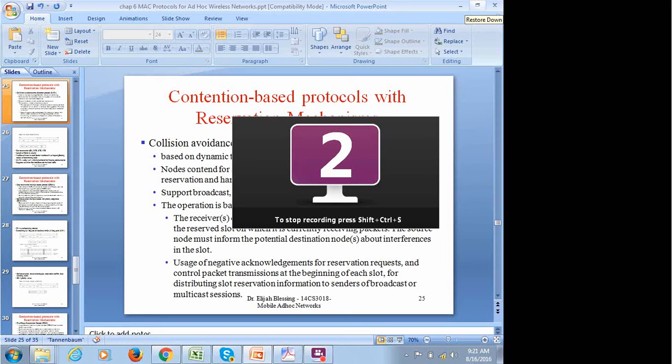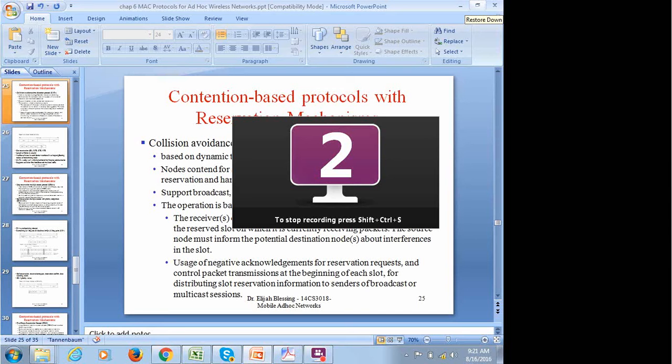So there are two roles that are basically played by the two different nodes, one by the source node as well as one by the destination node. The destination node basically says, hey, my slot has been reserved and therefore don't try to send those packets. To whom? To all the potential source nodes. Alright, so in this present scenario, it's something like there is one receiver node and there are 5 nodes from whom packets may come.